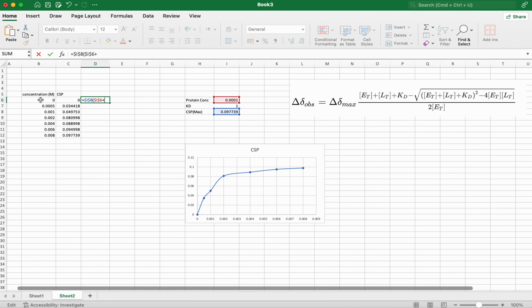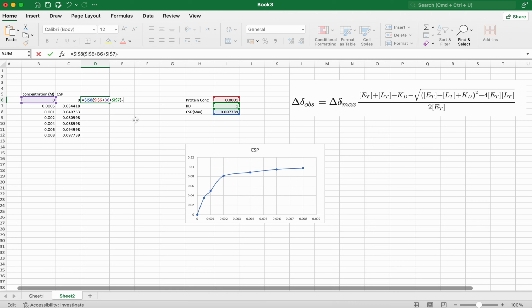The ligand concentration is this one, B6, and this is variable, so we don't put any dollar sign. And plus KD. KD is this, and it's not variable across the columns, so we fix that particular cell, like I7. So we finished our first part: the delta max, total protein concentration, ligand concentration, and KD.